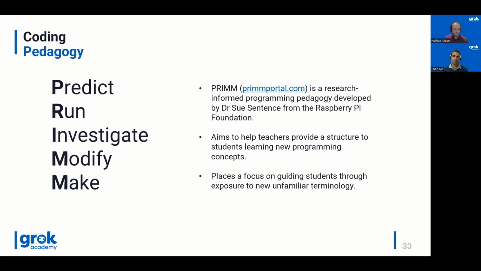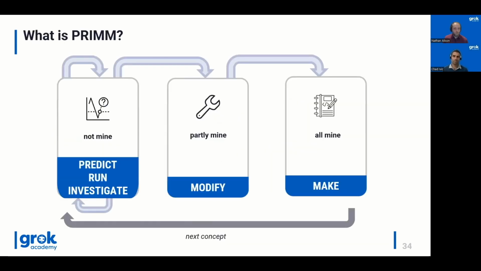And we'll talk about what each of these phases is, but what's really happening in PRIM is that students begin with code that's not theirs on the left-hand side there, code that's not mine. That's when they're doing the predicting and running and investigating. And then they modify that code for a different purpose. So now the code is partly theirs. And then they also start to make their own code. And then the code then is all theirs.